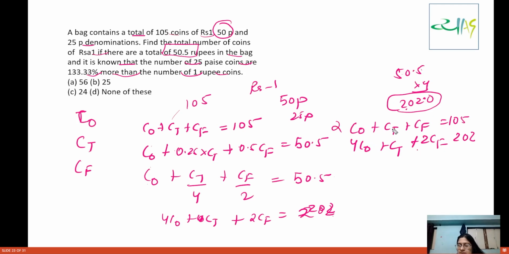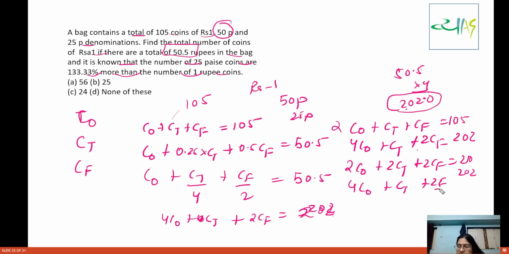So take this equation 2 times. Now you have 2CO plus 2CT plus 2CF is equal to 105 into 2, which is 210, and this is 202. And you have here 4CO plus CT plus 2CF.